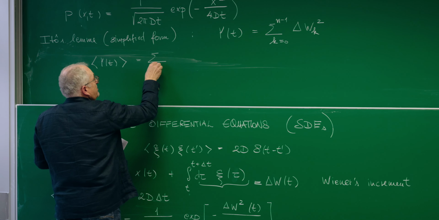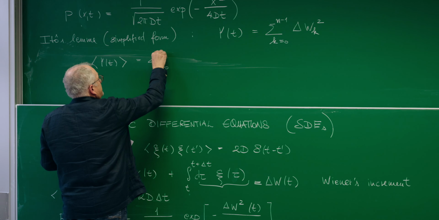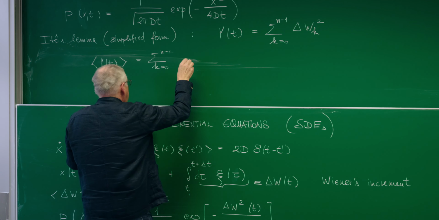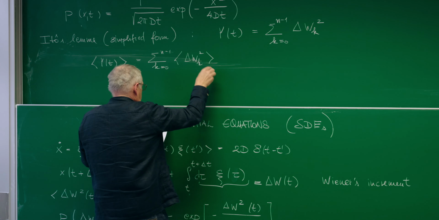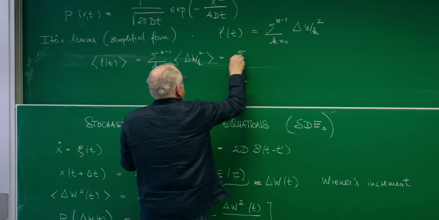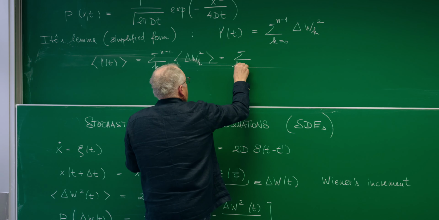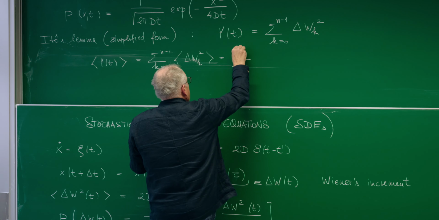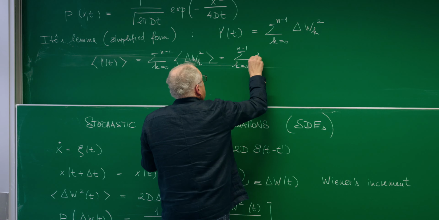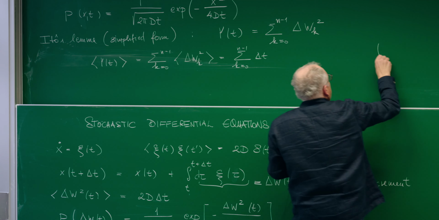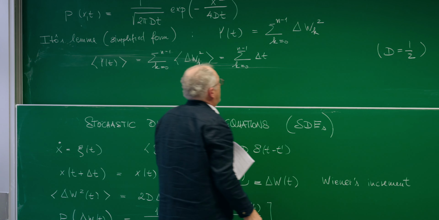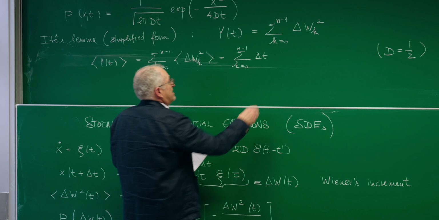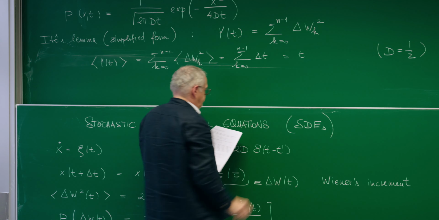This is the sum from k equals 0 to n minus 1. I've done this just a second ago. Delta w_k squared. That's the sum over k equals 0 to n minus 1 of delta t, and here for simplicity of making my life easy in terms of notation, I put D equal to a half, so I get just t.